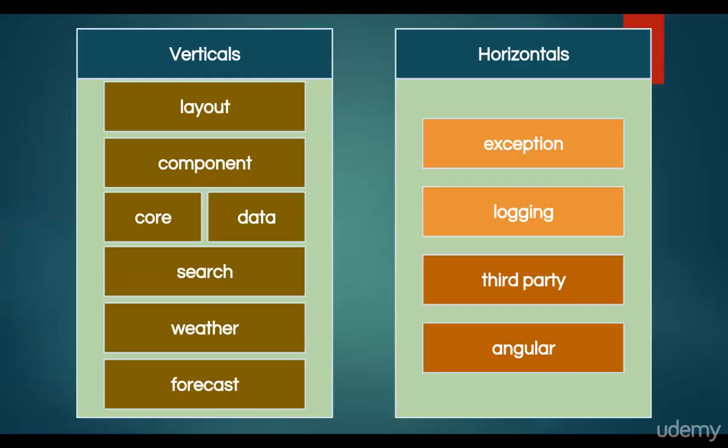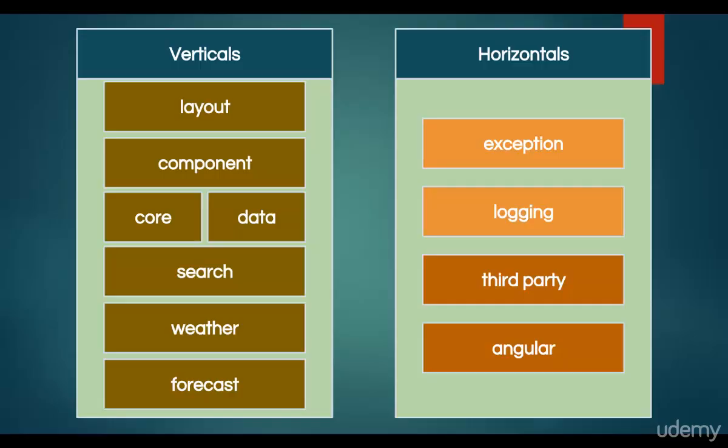So I have many modules in my verticals. One is a main application module, then our search, weather, and forecast modules, which are the features of our application. Then a layout inside which I'm going to keep all my partials, I mean application pages and their configuration using routing. Component, where we will keep all of the directives for the application.